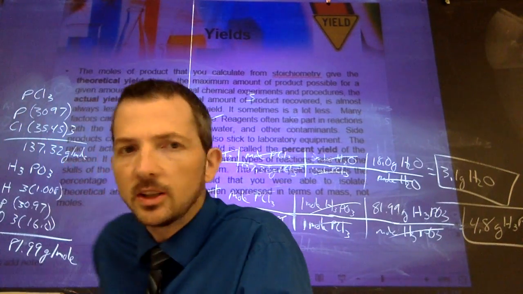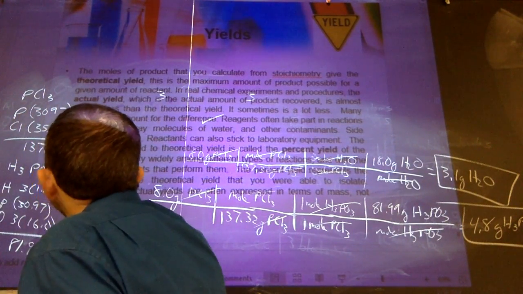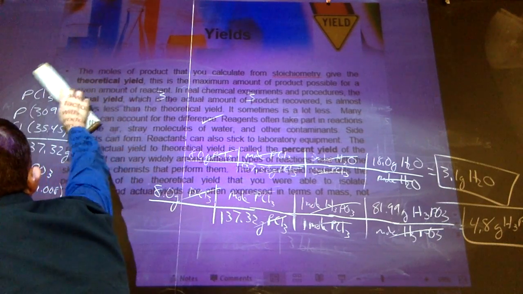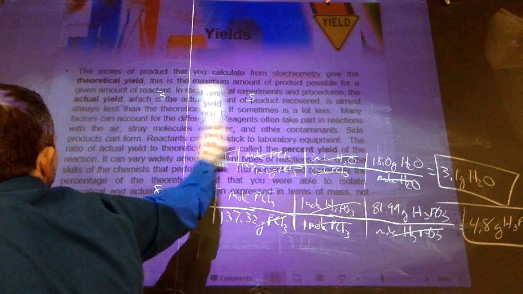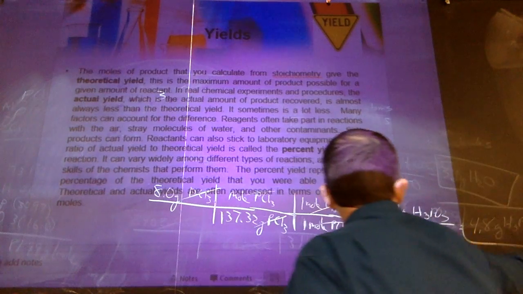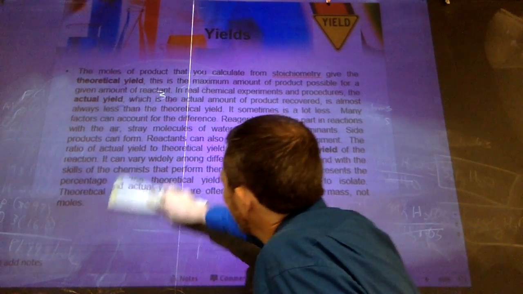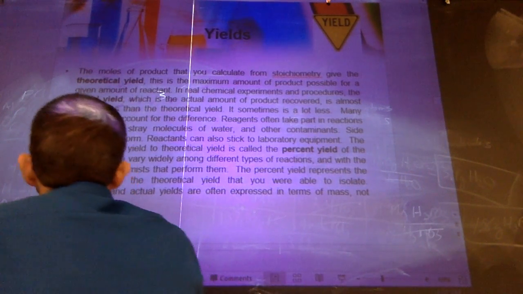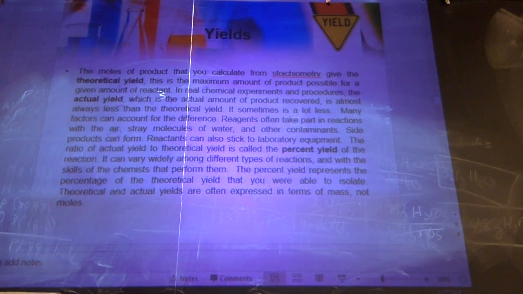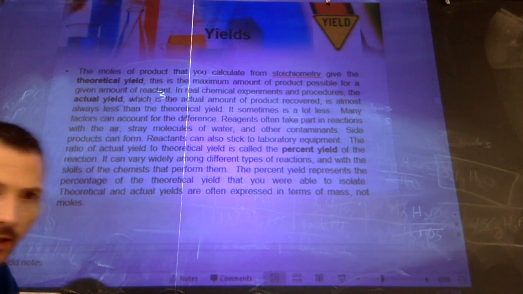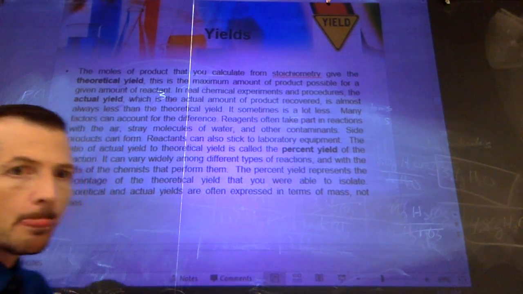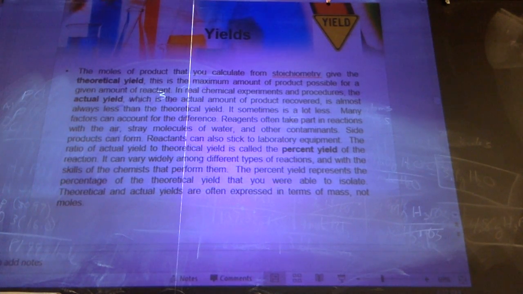Let's look a little bit about yields. The moles of product that you calculate from stoichiometry gives a theoretical yield.